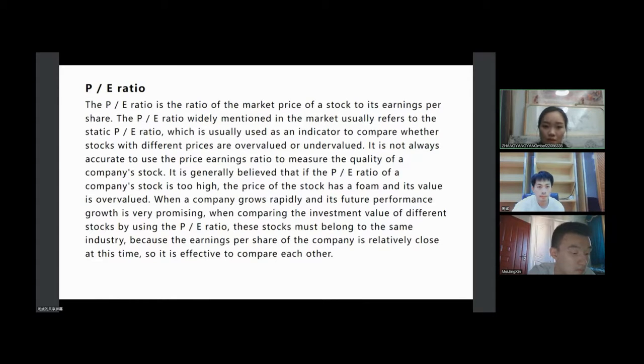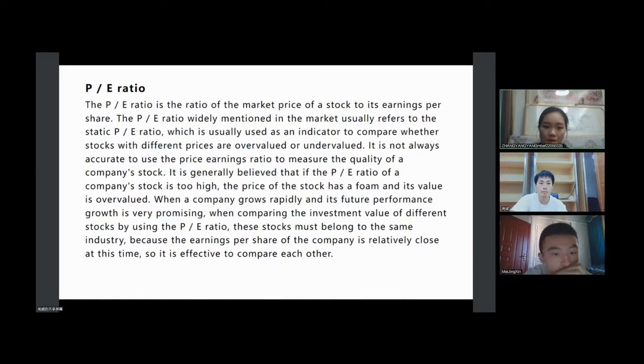P/E ratio. The P/E ratio is the ratio of the market price of a stock to its earnings per share. The P/E ratio widely mentioned in the market usually refers to the static P/E ratio, which is usually used as an indicator to compare whether stocks with different prices are overvalued or undervalued.